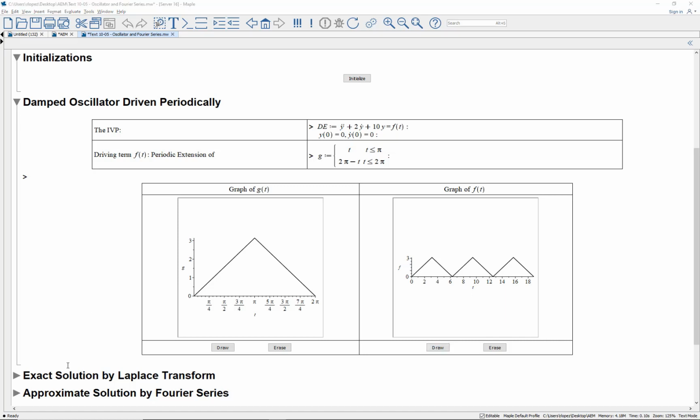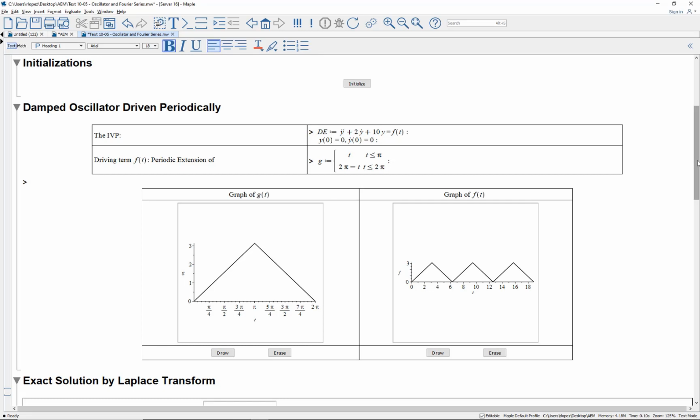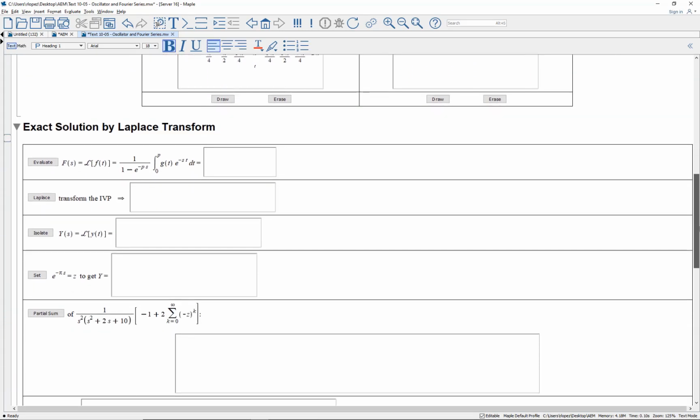To begin, I'm going to get an exact solution by Laplace transform. I need the transform of the driving function. The driving function is a periodic extension of g. Well, here's a formula for obtaining the transform of this periodic extension. You need only integrate over one period.